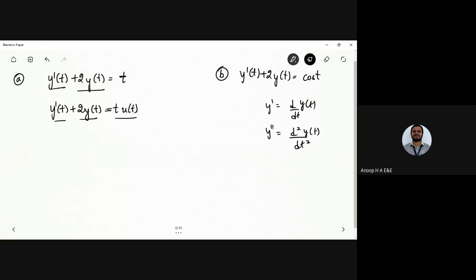Why did I not write t into delta of t? Can anyone unmute themselves and let me know why I did not write it like this as t into delta of t?